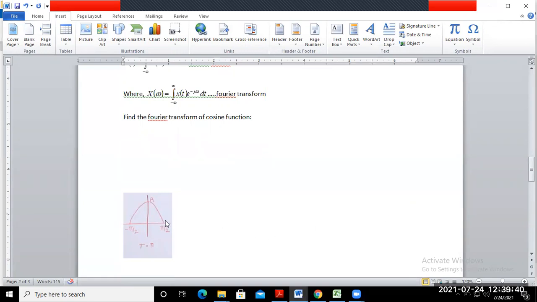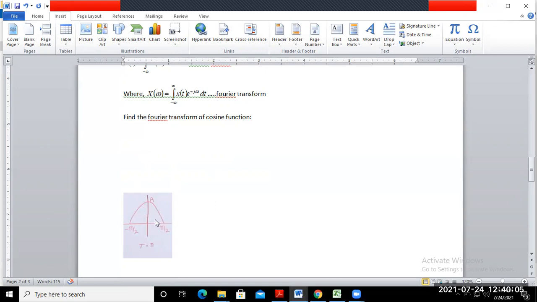If you see in this figure, suppose we consider a half wave of this cosine function, that means it changes from minus π/2 to π/2. If the time period is the half time period, that means T/2 equals how much? π. So T/2 equals π, then T equals 2π.